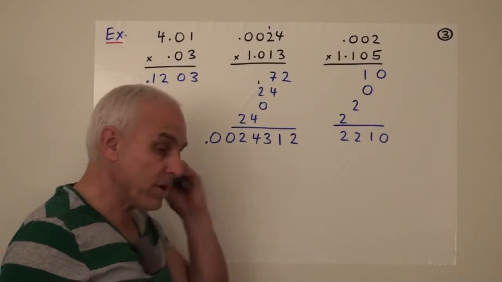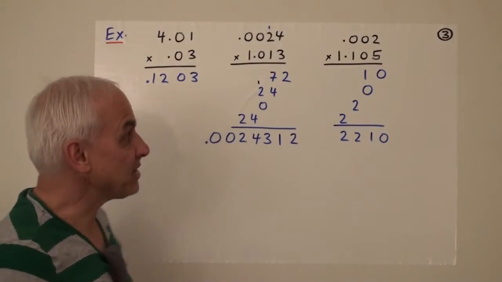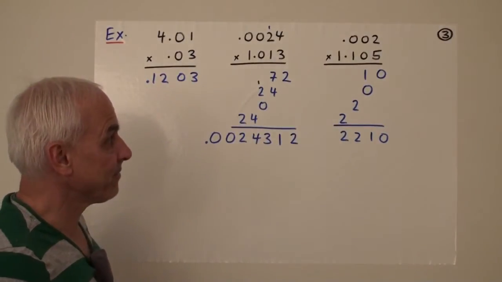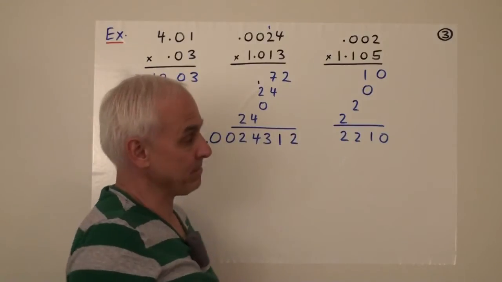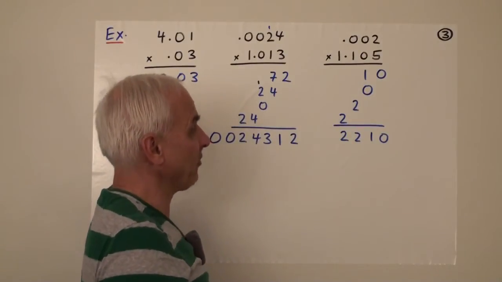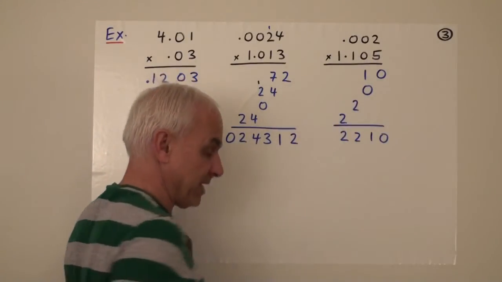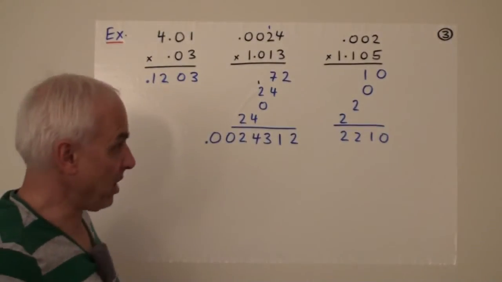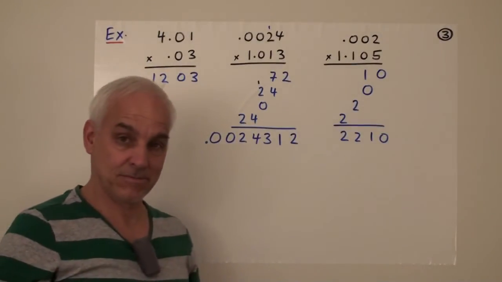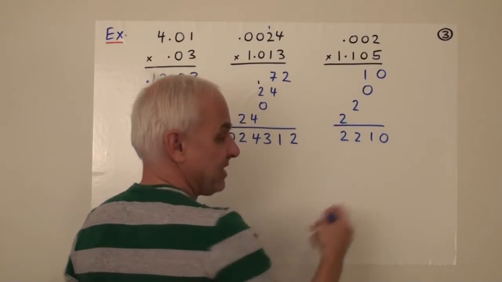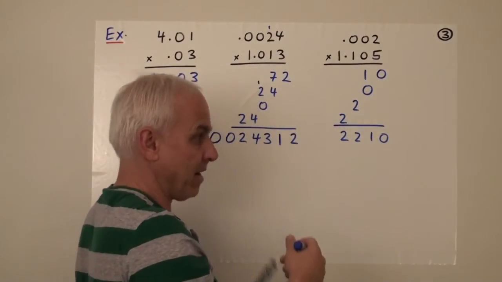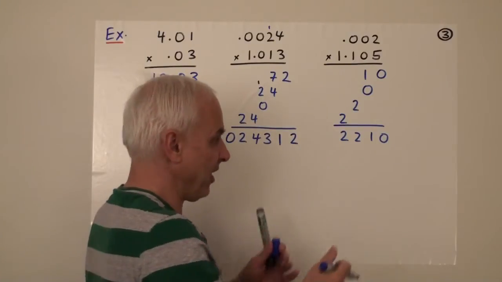And now what remains is to put the decimal place in the right spot. There are 1, 2, 3 places to the right of the top decimal, and 1, 2, 3 places to the right of the bottom decimal, for a total of 6. So we have to divide this number by 10 to the 6: 10 times 10 times 10 times 10 times 10 times 10.